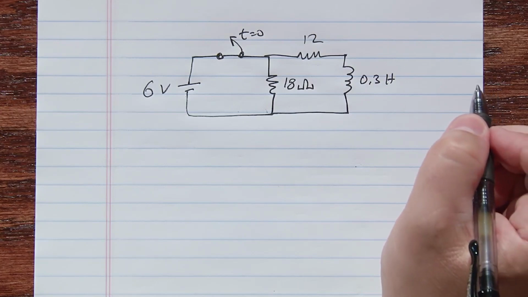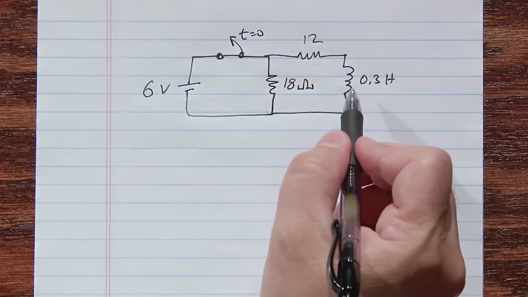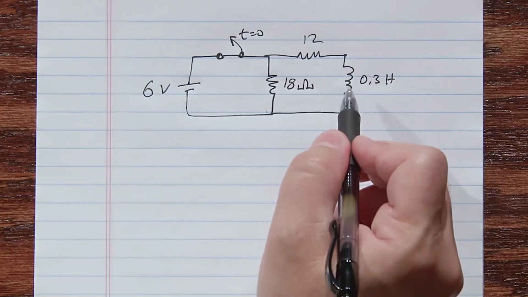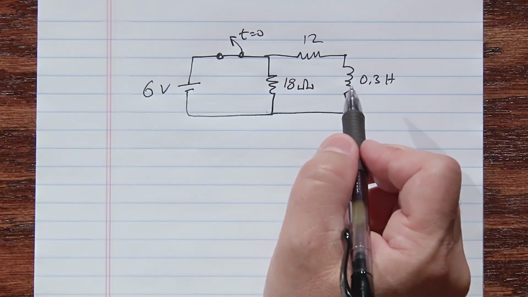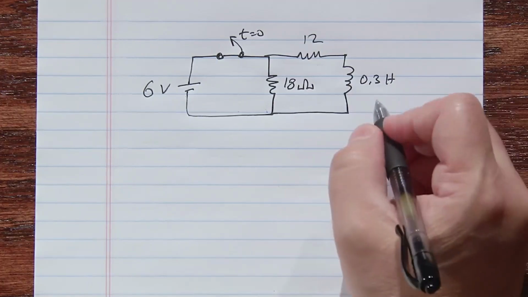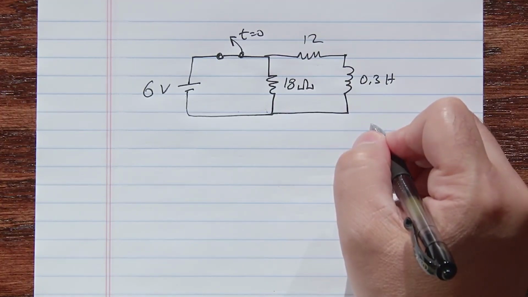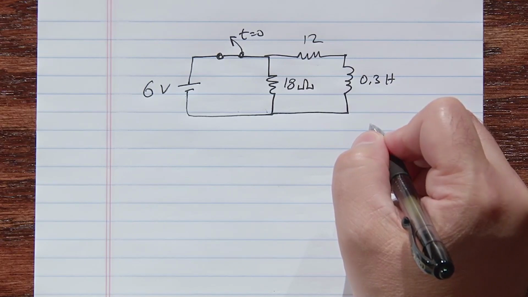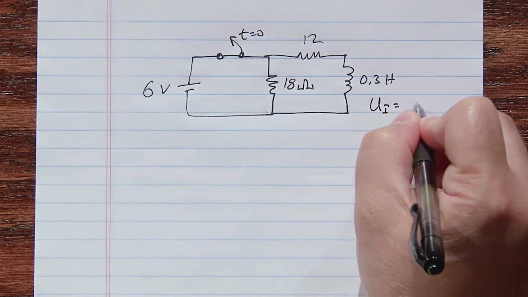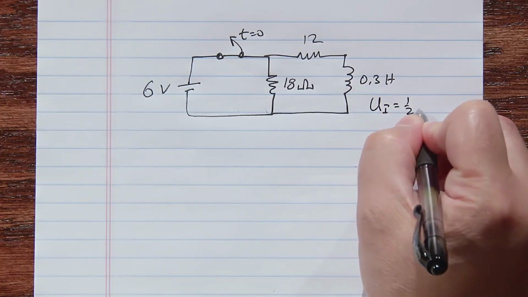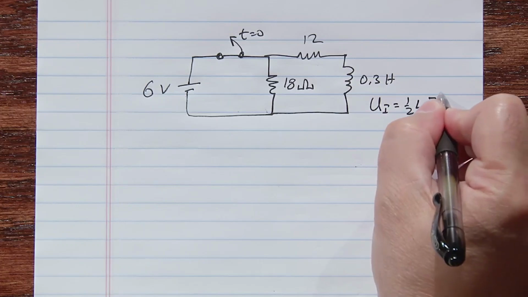So the first thing that we have to consider is what is the initial current through the inductor, and also we'll figure out what is the final current through the inductor. It says how much energy is stored in the inductor at t equals 0. So U initial is equal to 1/2 times the inductance times the current.